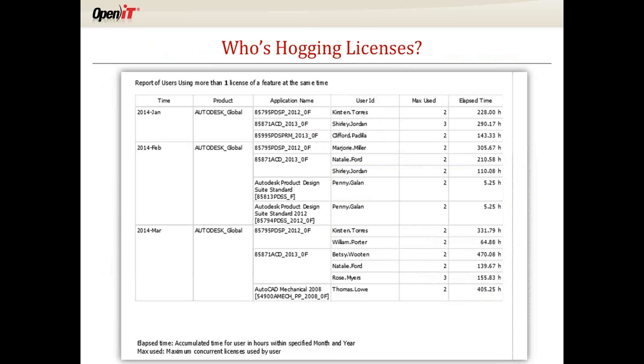Another piece from an optimization perspective is, we call it license hogging: who's checking out multiple licenses simultaneously? Different organizations have different thresholds. This example is over 2, but it could be 5. That's probably a more common one. Again, there could be a reason, depending upon the application and the user; they might be using 2 licenses simultaneously if there's a background job processing, for example.